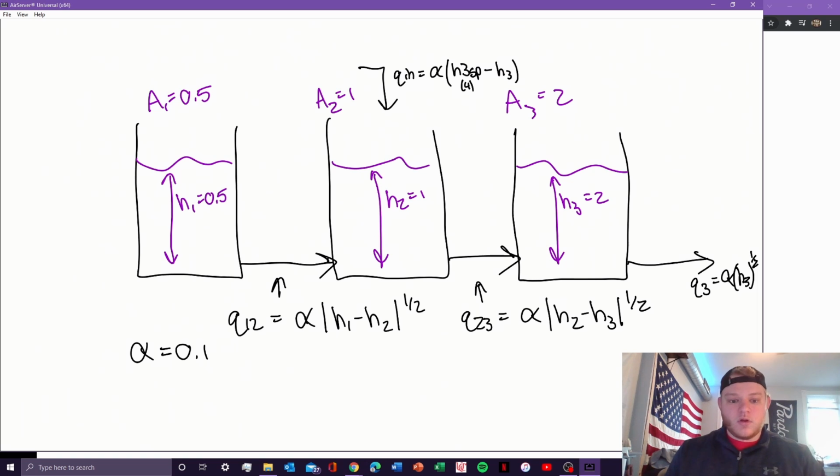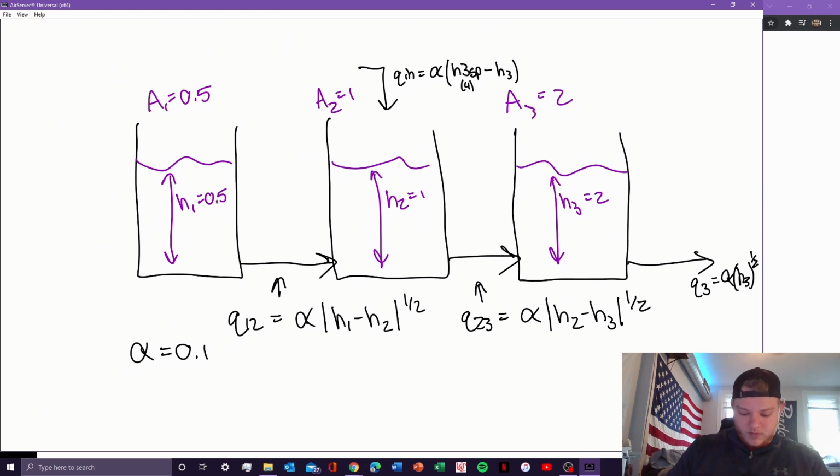Now, the sign of the flow rate between the tanks is dependent on which way the flow is going. If one tank is more full than the other one, it will flow that way. If it's flowing backwards, it'll be negative, and if it's flowing forwards, it'll be positive. However, we can't determine that sign based on the difference in the tanks, because that always has to be positive since it is under the square root.